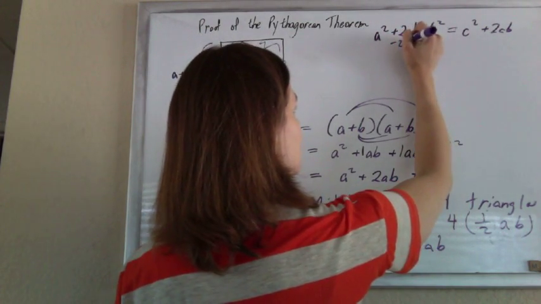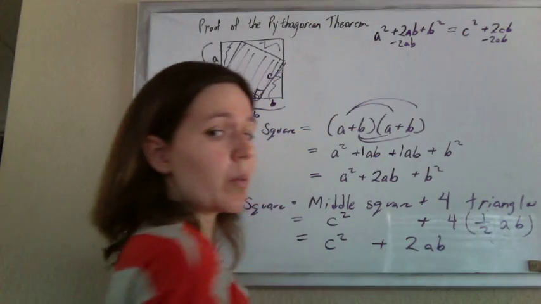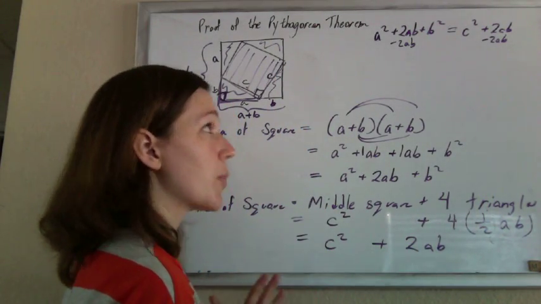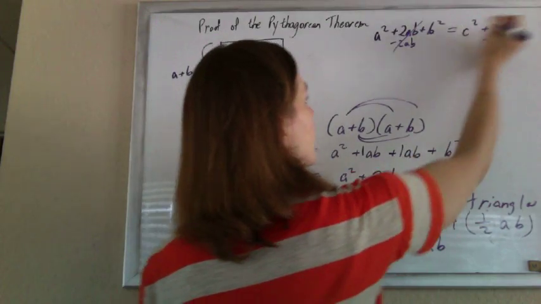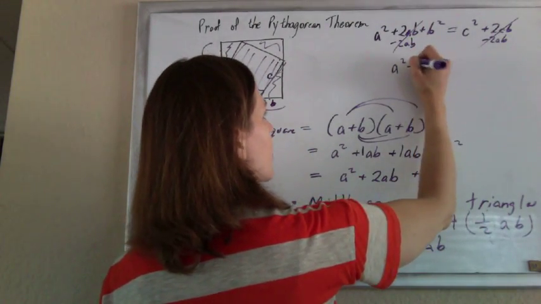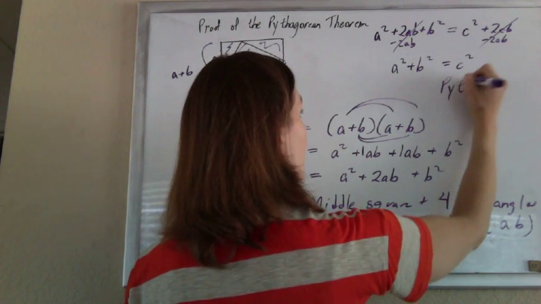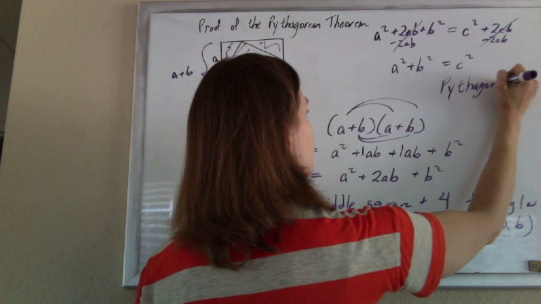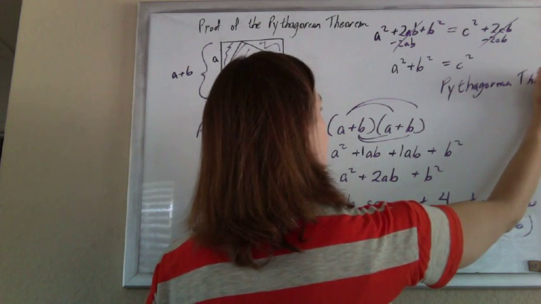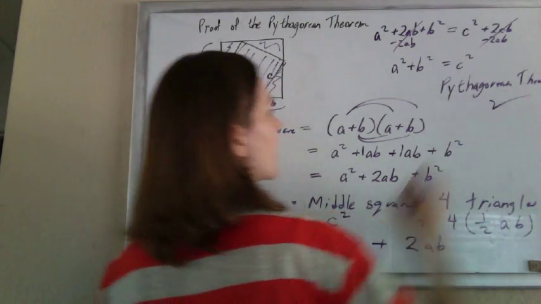So if we were just to subtract 2AB from both sides, you can totally do the same thing to both sides, perfectly legal, it goes away. And you get A squared plus B squared equals C squared, which you knew was our goal because they wanted us to prove the Pythagorean Theorem, and that is what that is. Check, done.